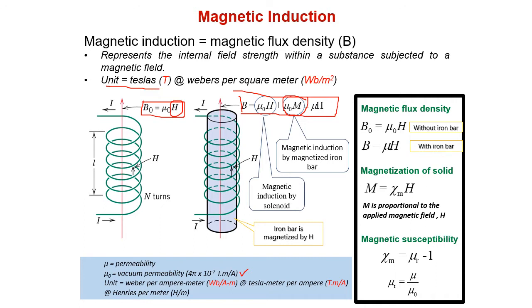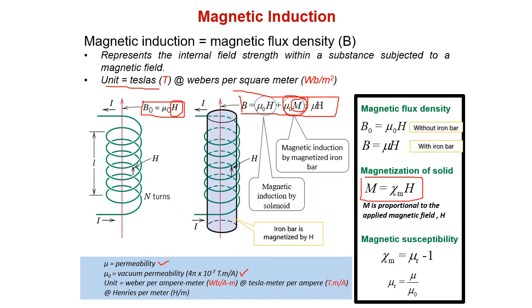So the iron bar is magnetized by H. Then we get the overall formula B equals mu H, where mu is the overall permeability, while M here we can calculate by using this formula.